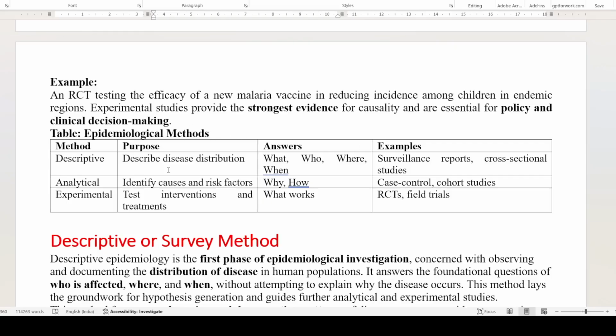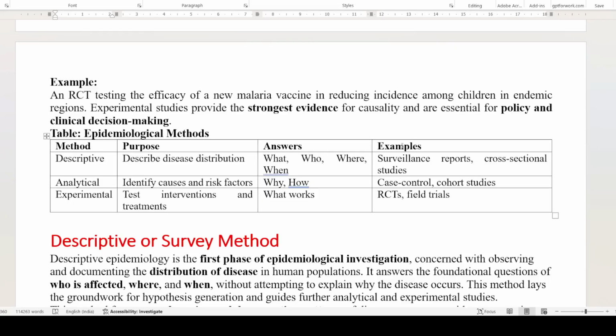So, here we saw the differences between the three. Descriptive answers questions like what, who, where, and when. Analytical answers why and how. And the experimental epidemiological method answers what works best for a certain type of disease.